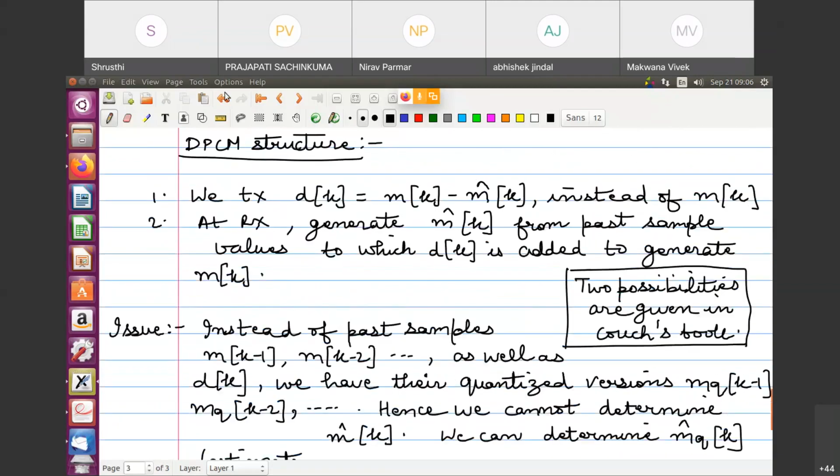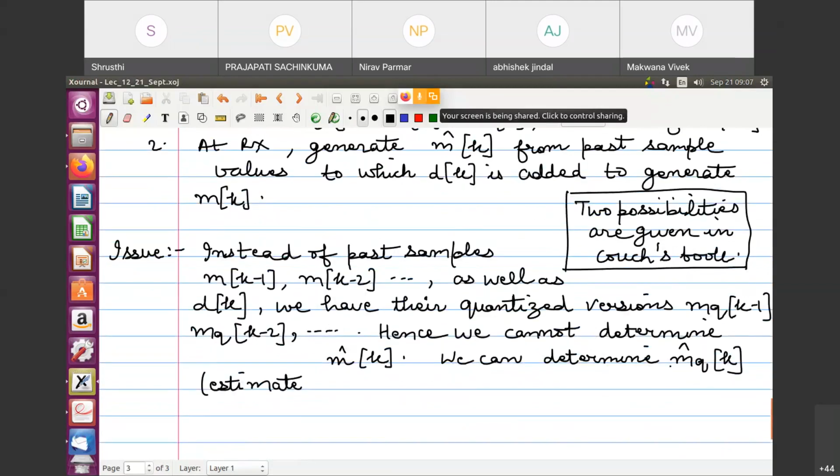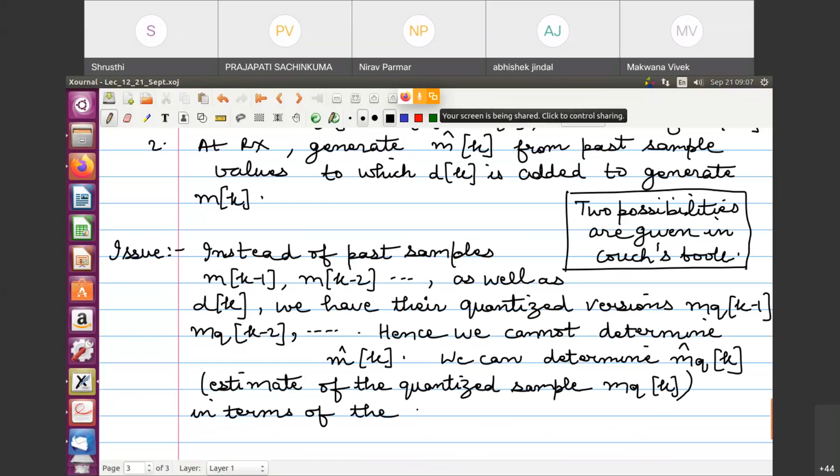Okay, so an estimate of the quantized sample m q of k, in terms of the quantized samples.